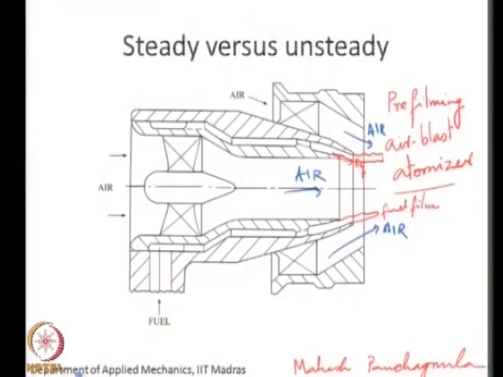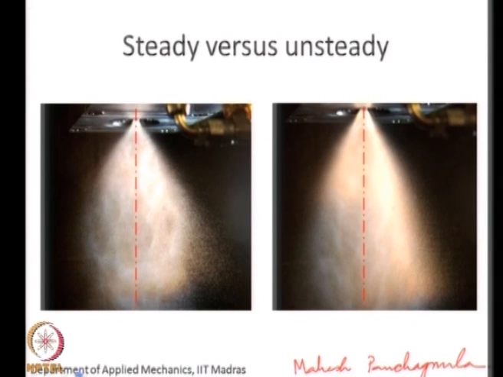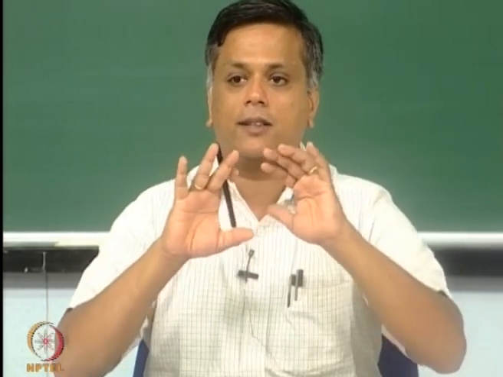Okay. So, like we said, let us look at a very simple working definition of steady versus unsteady. I have two example sprays shown here. Both of these have these features in the instantaneous snapshots that you can see. Now, I have to tell you that both of these sprays are axisymmetric sprays. So, what we are seeing is essentially the light being scattered by the droplets on the periphery of this conical spray.